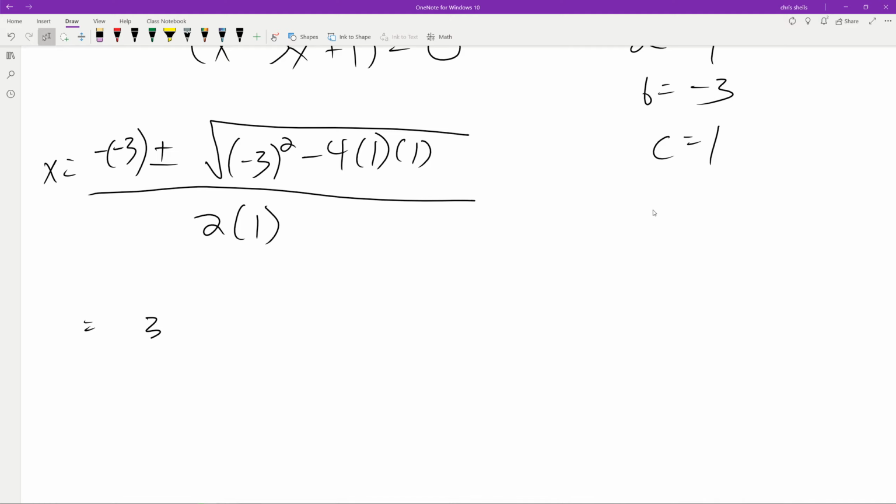This is 3 plus or minus the square root of, let's see, 9 minus 4, which is 5, all over 2.